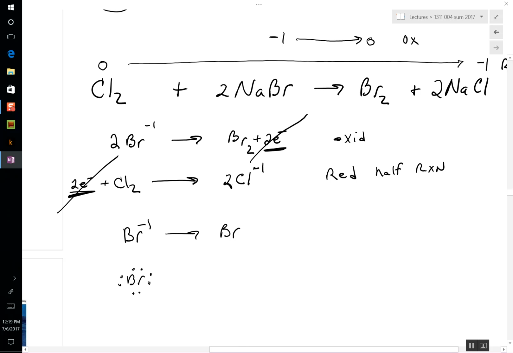It has 8 electrons, and it's going to end up as a bromine atom like that plus an electron. All right, it's going to lose an electron to go back to being neutral. 2 of these is going to form that. Each one's going to give up an electron. You have to get it worked out in your mind there.